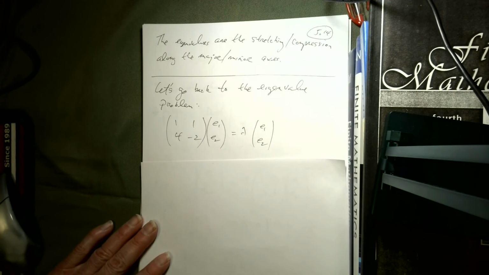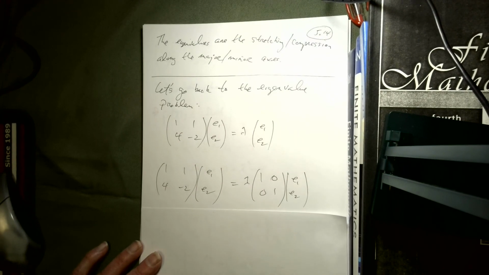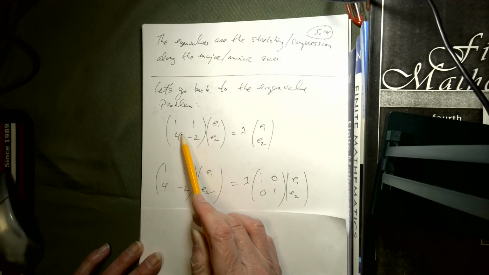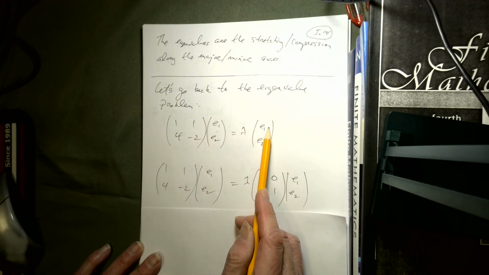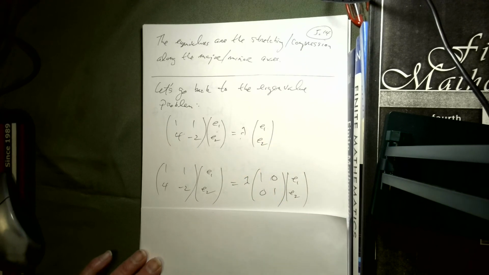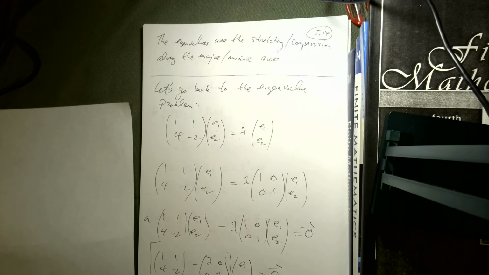So let's go back to this problem here. If I do this by hand, I'm looking for a vector such that when I take this matrix and transform this vector, I get the same vector except compressed or stretched, or possibly zero, which is not interesting. If you go through the algebra here, you have a matrix times a vector, so you can put these two together.